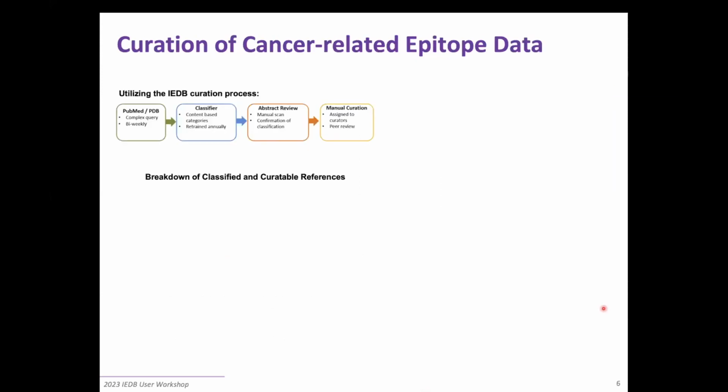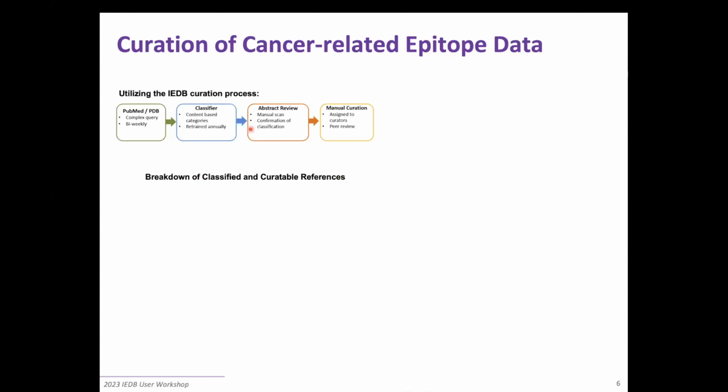So once our database was established, we started curating the cancer epitope data. And we used the same curation process we use for the IEDB, which is outlined here. This process starts with PubMed being automatically queried every 2 weeks to retrieve any papers that might contain epitope data. And we have an automated classifier that groups papers into categories such as infectious disease, allergy, or cancer.